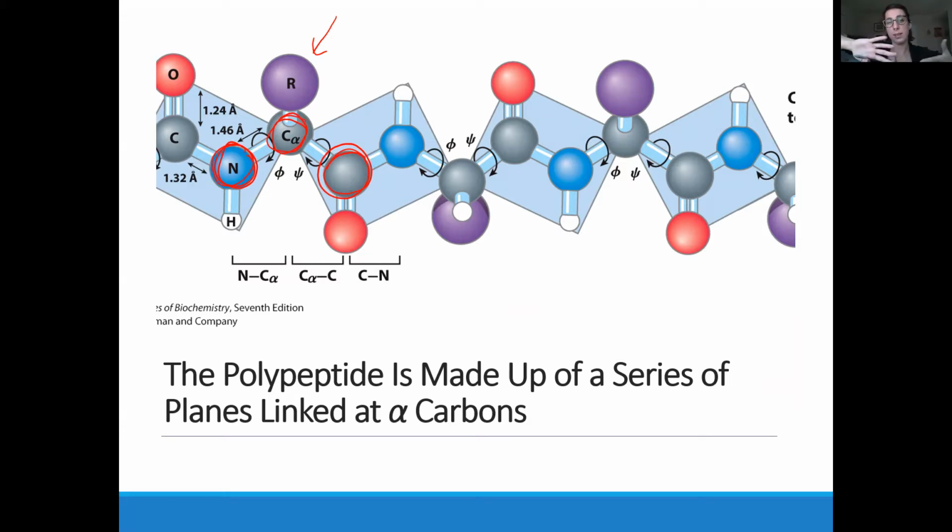They can only orient in so many ways. I mean, again, if you think about your two hands flattened out, you can only put your hands in certain conformations, right? I can't twist them and curl them. So there's only so many ways a peptide bond can angle itself, but depending on the movement of those bonds, you will get different secondary structure.